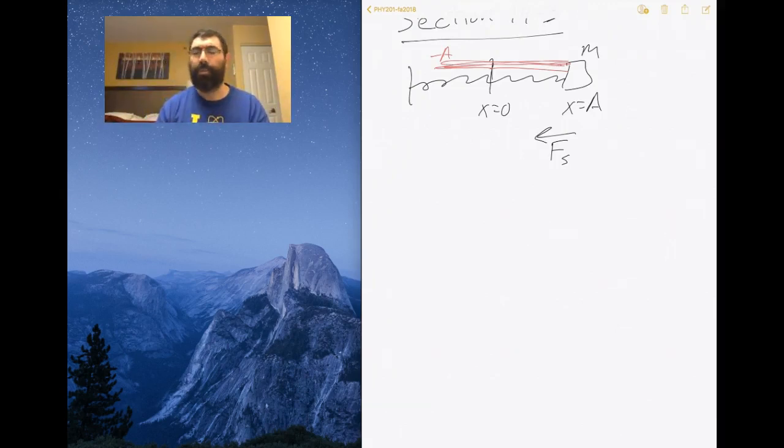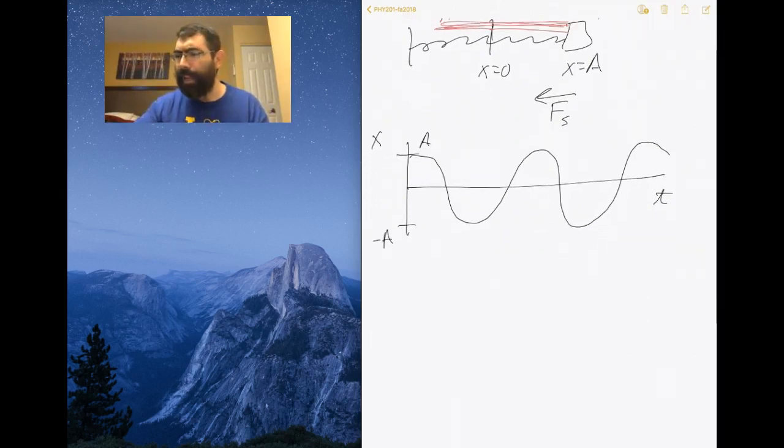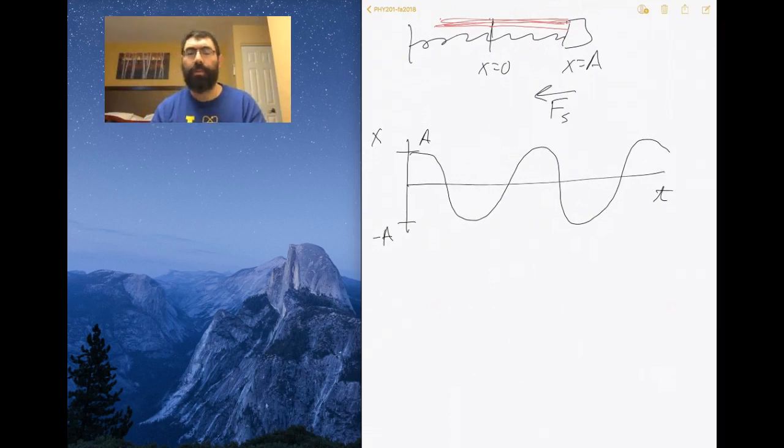So I said that we could do this. If I want to look at the position versus time, then what we'll have is a wave like this, where it starts at a position of A and it travels to a position minus A. In this case, since we're starting with a starting position of A, then we need a function that x is equal to A at time equal to 0 seconds.